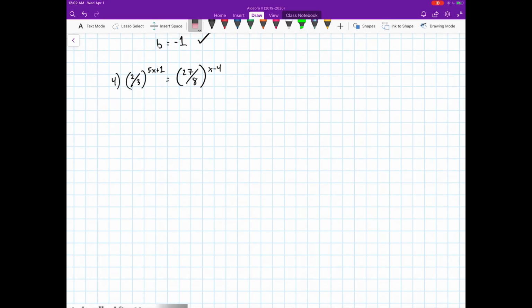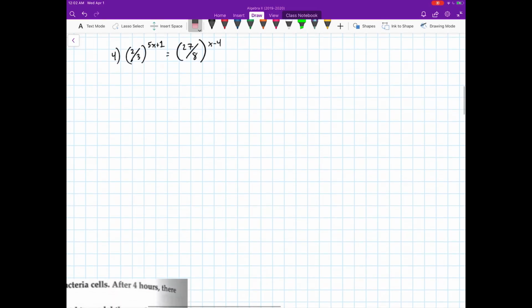all right, just go down there a little. We have this, so I need to make 2/3 match 27/8 or vice versa. So I think for this one, I'd probably like to make 27/8 look like 2/3, because hopefully that'll help me avoid fractions.